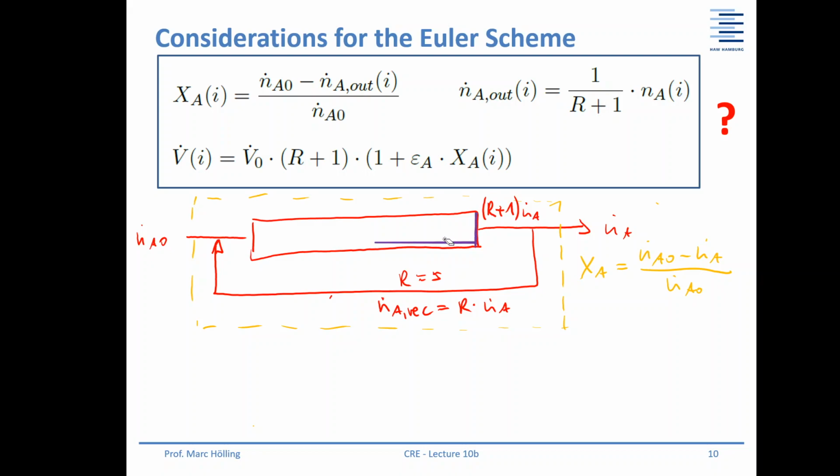Let's say we go to the outlet of our reactor, and there we have N_A out. This must be equal to R plus 1 times N_A, or we can write it vice versa: N_A is the same as N_A out divided by R plus 1.